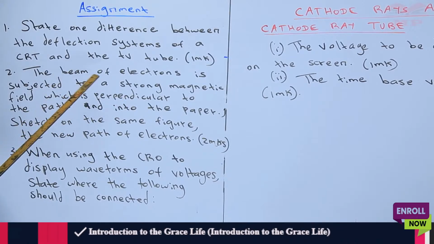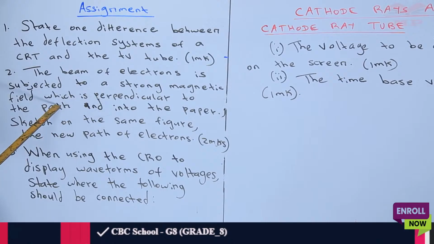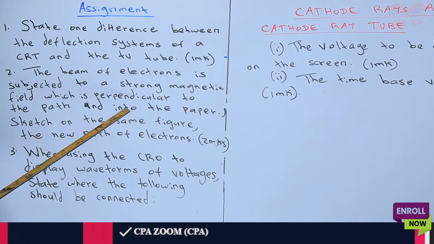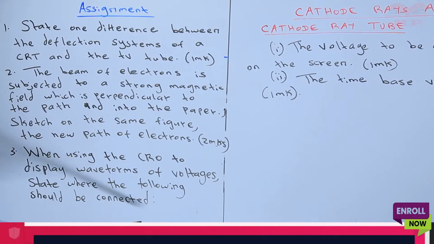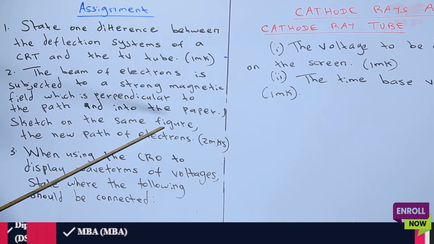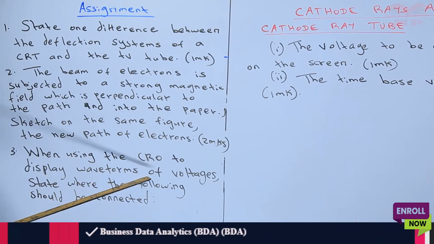Number 2: the beam of electrons is subjected to a strong magnetic field which is perpendicular to the path and into the paper. Sketch on the same figure the new path of the electron.